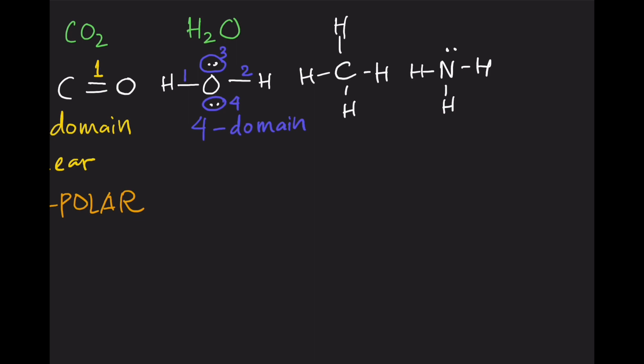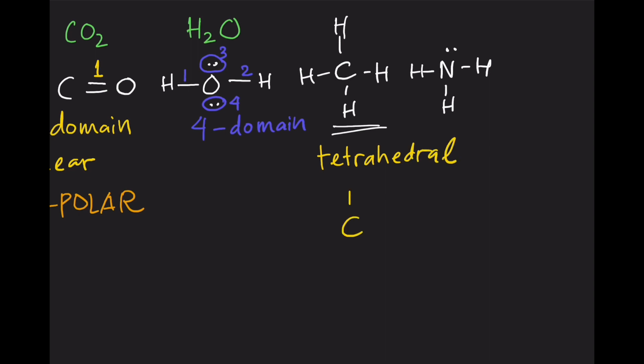In this case, we can start from methane, which has four domains. The structure for a four-domain system like this, we call a tetrahedral structure. It looks something like this.